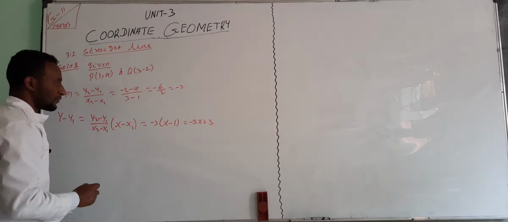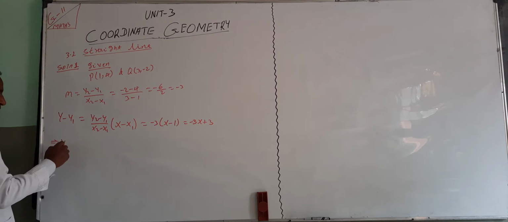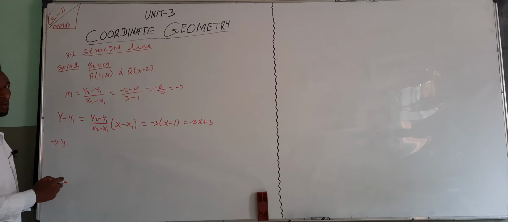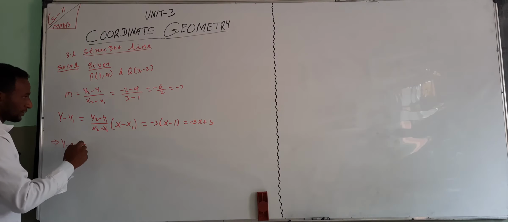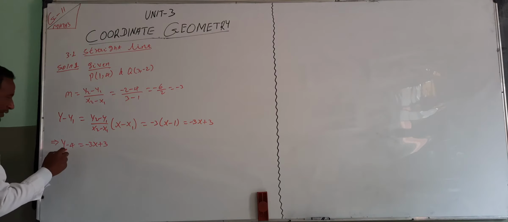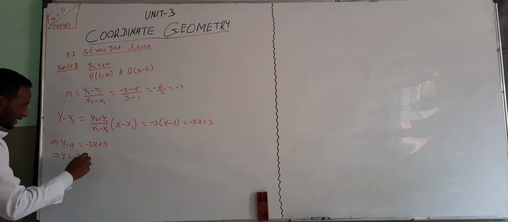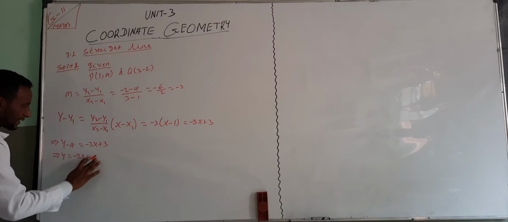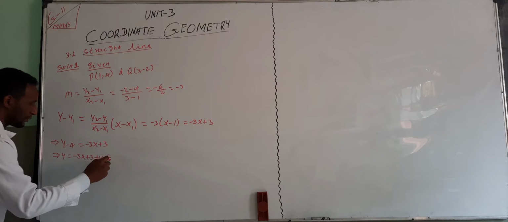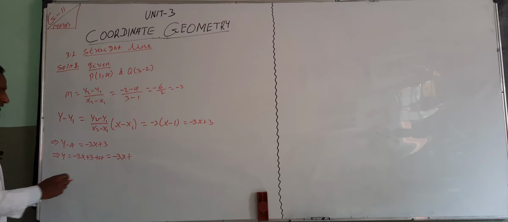This implies that y minus y1, where y1 is the second coordinate 4, is equal to -3x plus 3, so y is equal to -3x plus 3 plus 4, which is -3x plus 7.